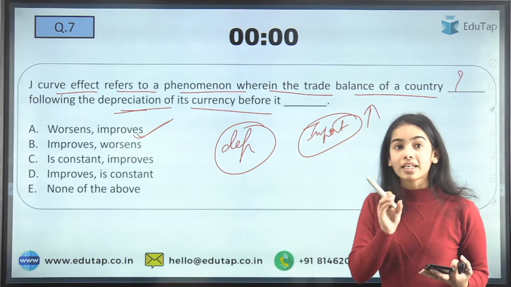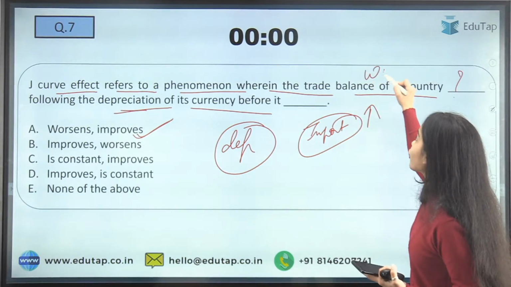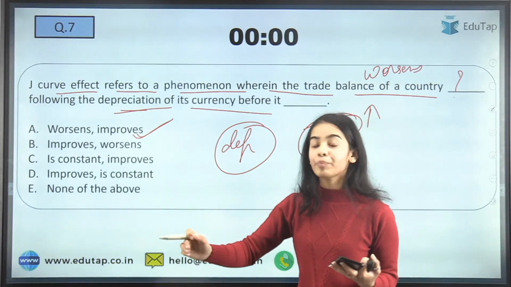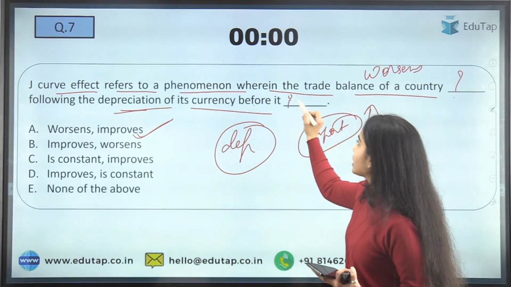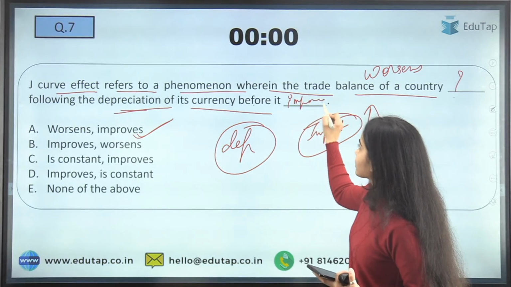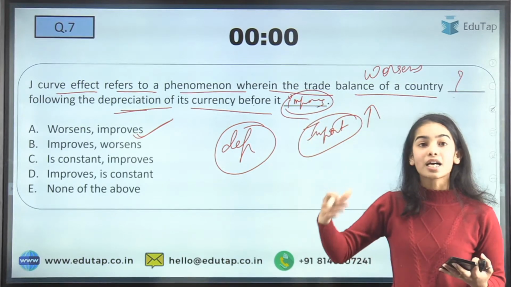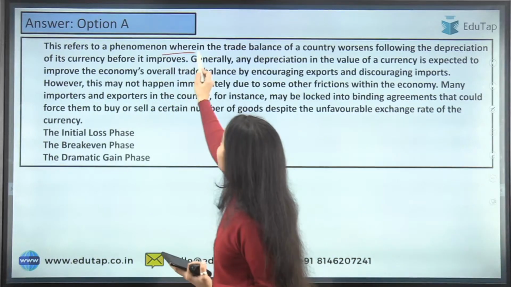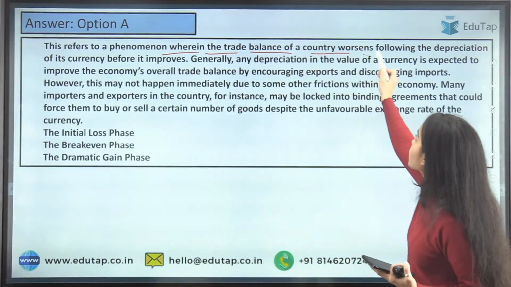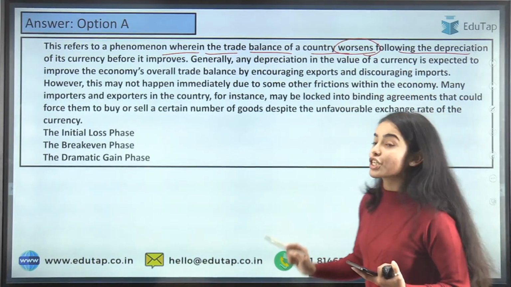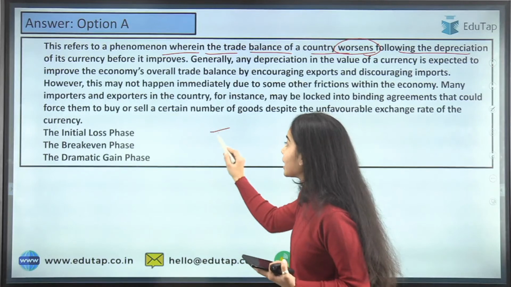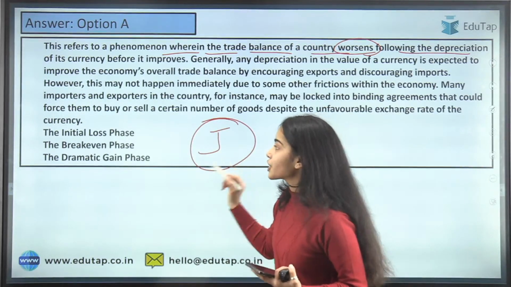So for the starting period, first the trade balance worsens, but in the long run, after a period of time, it improves. Before it starts to improve, first it worsens. So this refers to a phenomenon where the trade balance of a country worsens following the depreciation. Directly after depreciation, your trade balance will worsen. That is why it has a J shape.